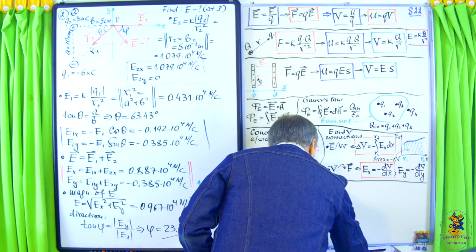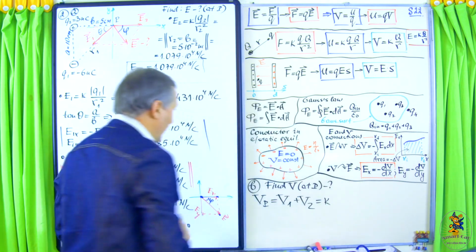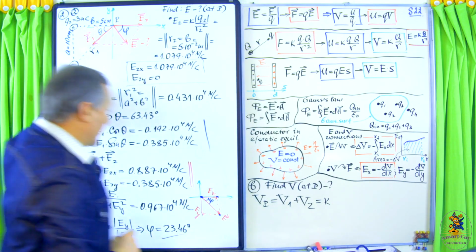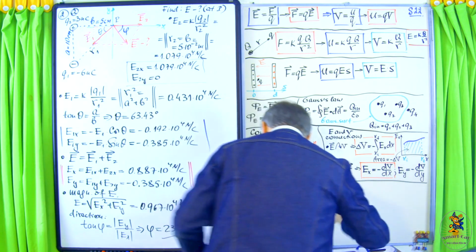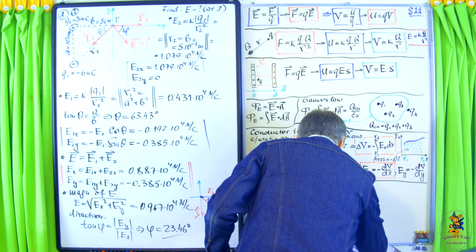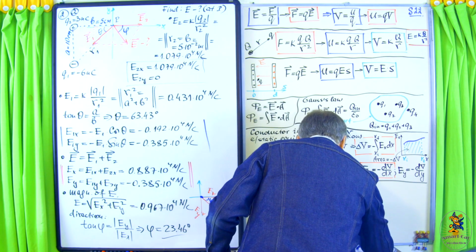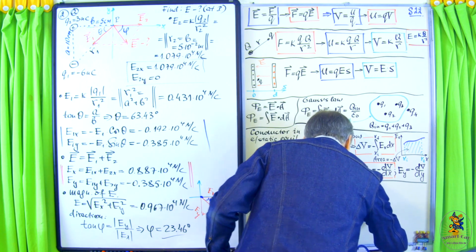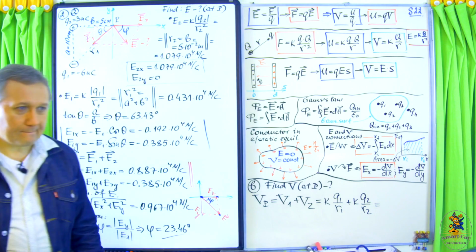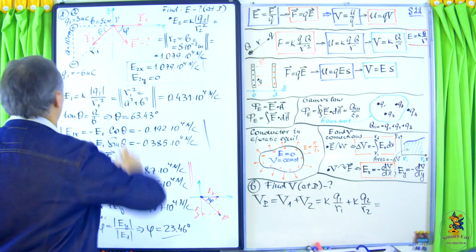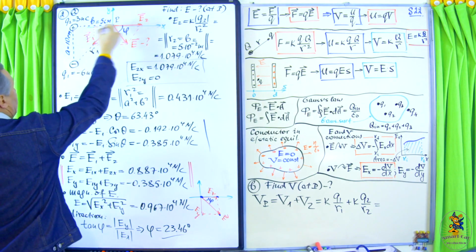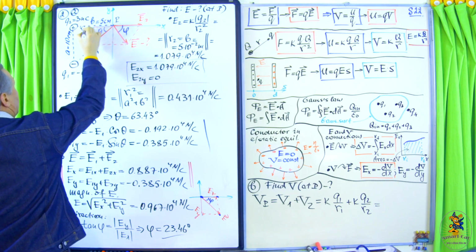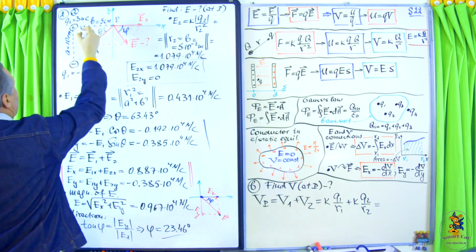So it will be k. This charge is negative, right? Okay, first let me write k Q1 over R1 plus k Q2 over R2, right? R1, again, it's still the same. It actually equals b, and wait, that's R2.